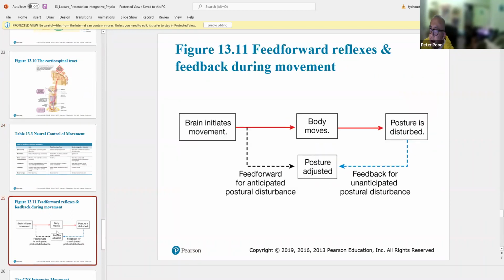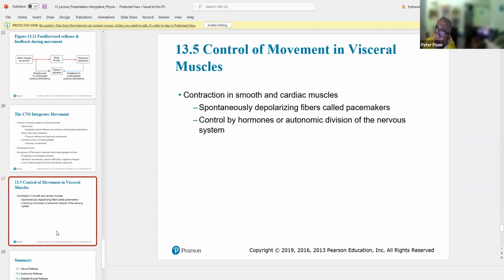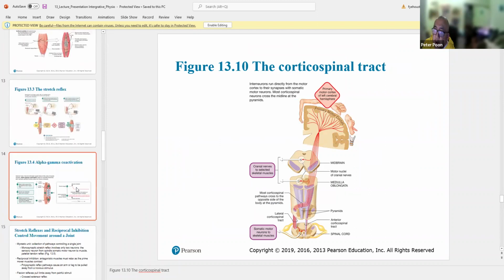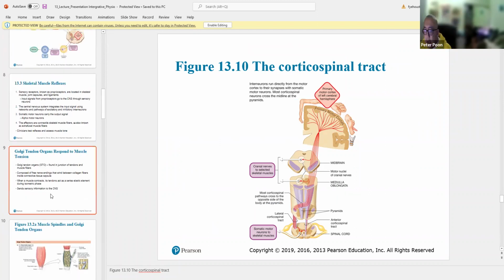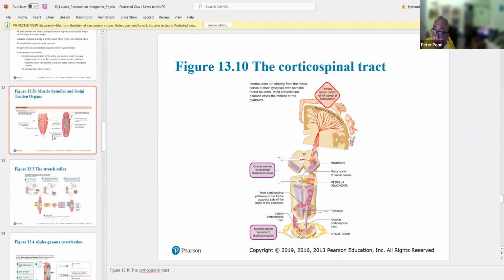Again, I'll take most of this from chapter 13, so there won't be very much on it. But you do have to know what the gamma motor neurons are, what the alpha motor neurons are, what Golgi tendon organs are, and what they do.